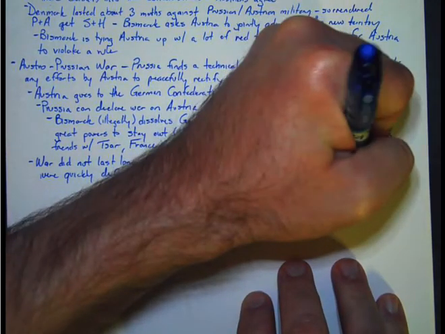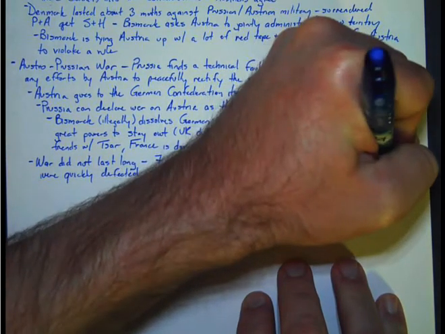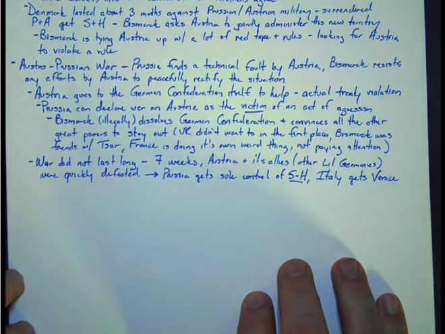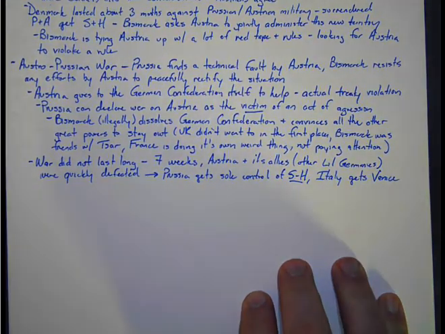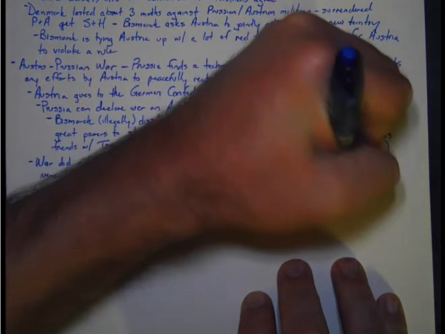Italy gets Venice, which was not part of Italian unification, but now that Austria is beaten, Italy helped Prussia, and Italy gets Venice.